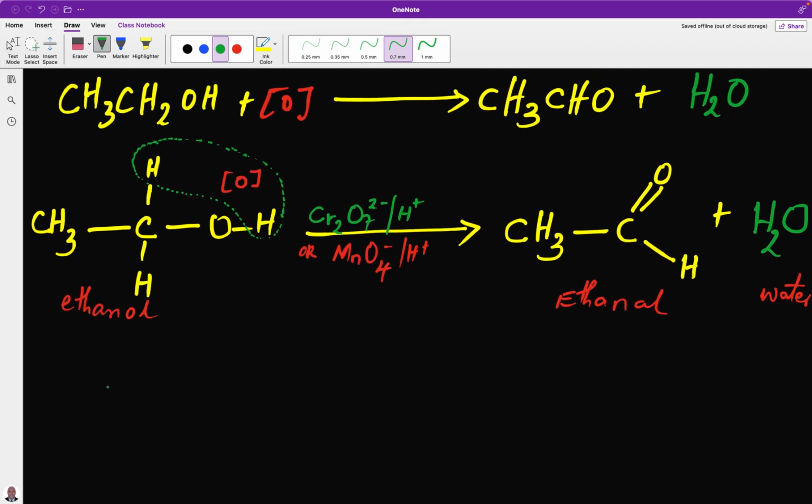Note, under this condition, if the product formed is not distilled off immediately, it will be further converted to the corresponding ethanoic acid.